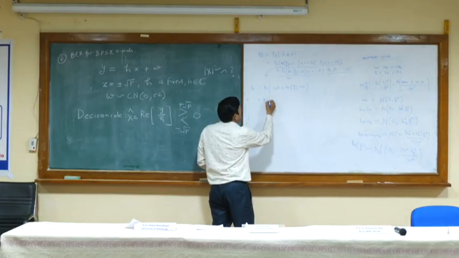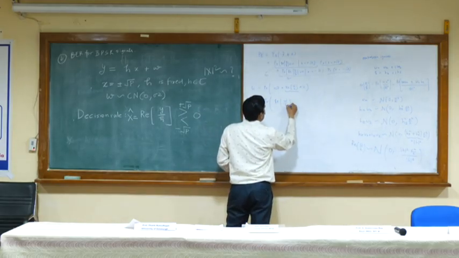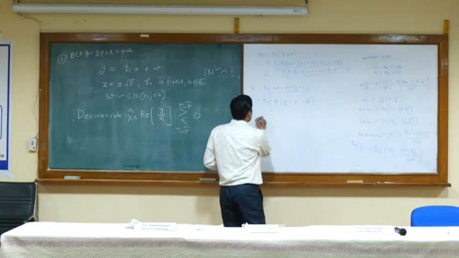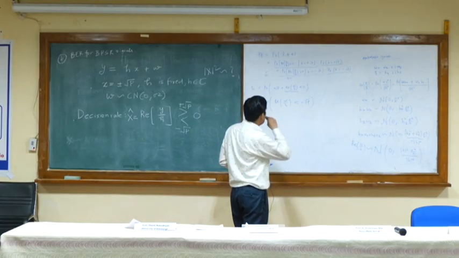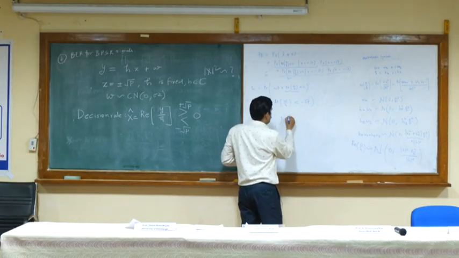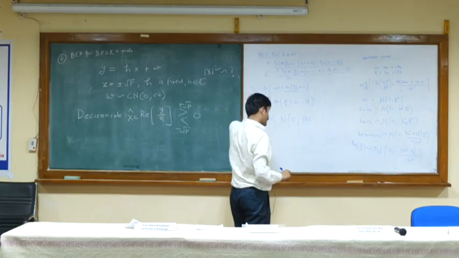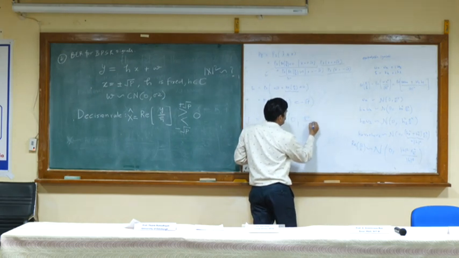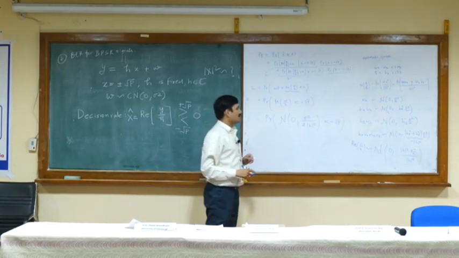So I can write this thing as probability that real of W divided by H, that is N(0, sigma square divided by 2 H square), is less than minus square root of P. Okay.